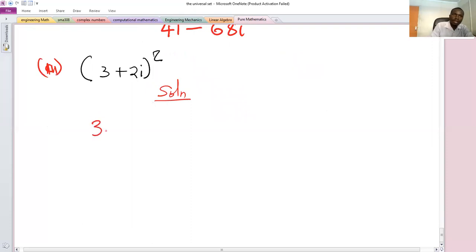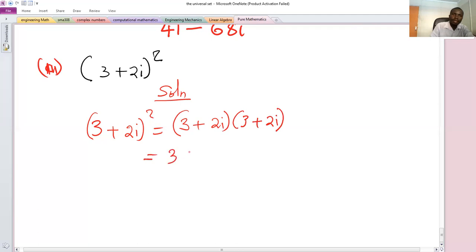So we'll have 3 plus 2i squared is the same as 3 plus 2i multiplied by 3 plus 2i, which is the same as 3 times 3 plus 2i plus 2i times 3 plus 2i. This is how we expand two brackets.